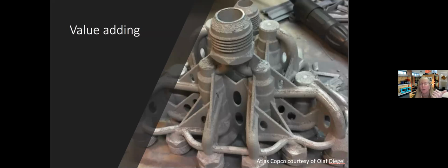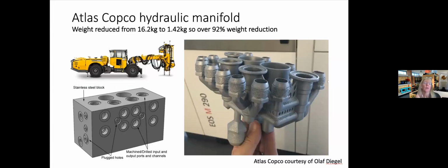you can use, for example, lightweighting, and you can use the consolidation of parts. And this is a lovely example by the wonderful Olaf Diegel. If you're not familiar with his work, please do look it up, and with Atlas Copco.